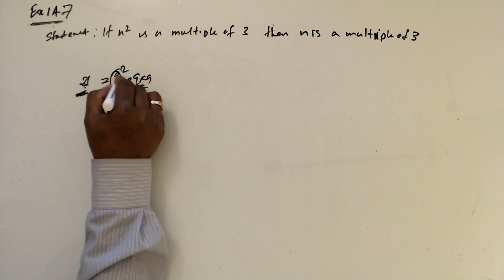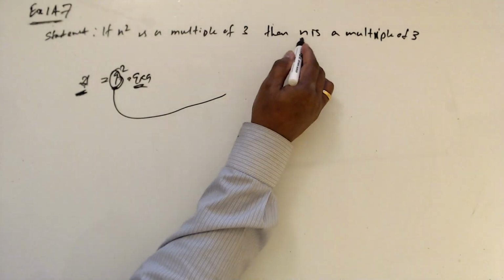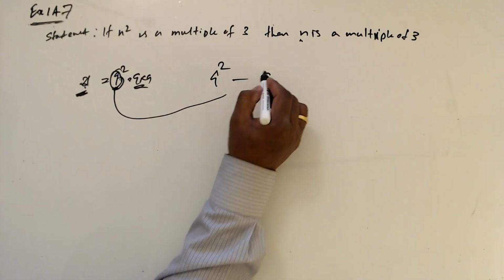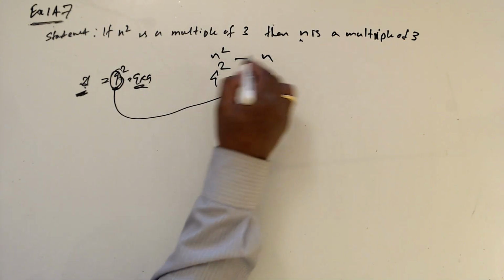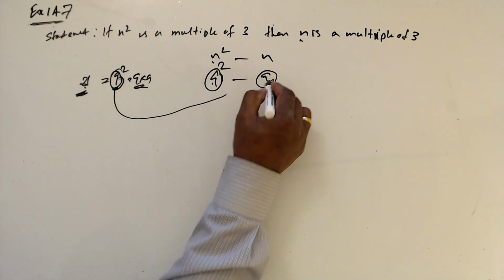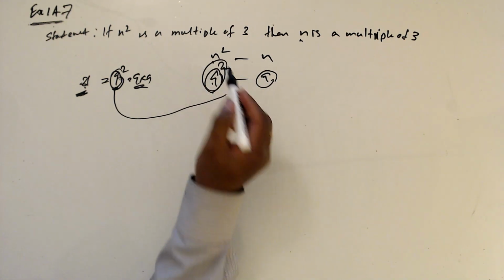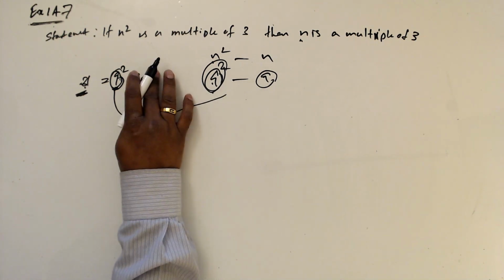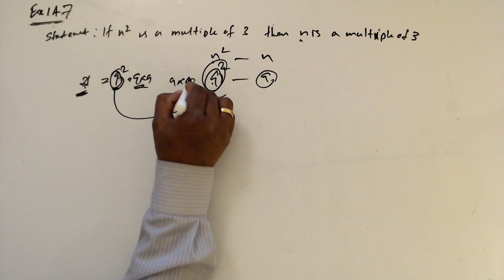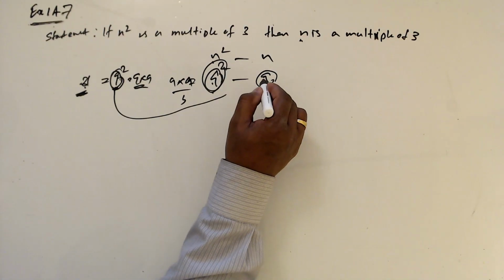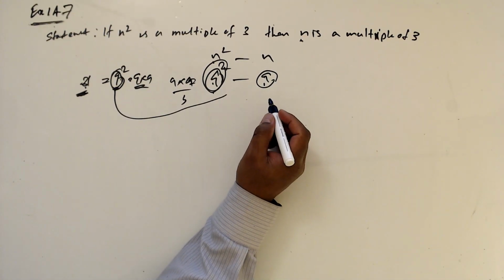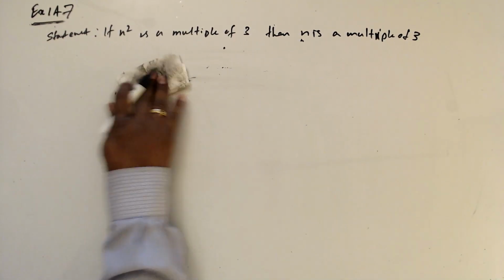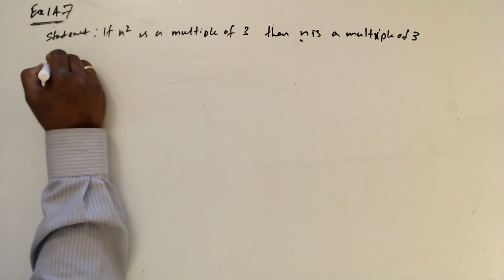Then this 9 is also a multiple of 3. Here n is 9. So n square and n are both multiples of 3, which is true.